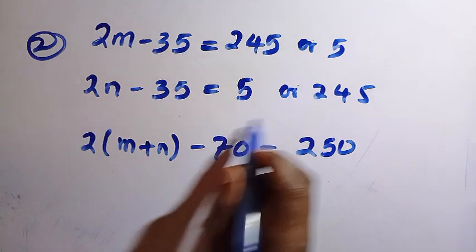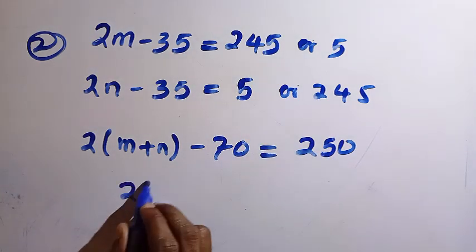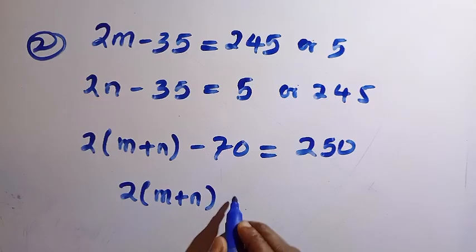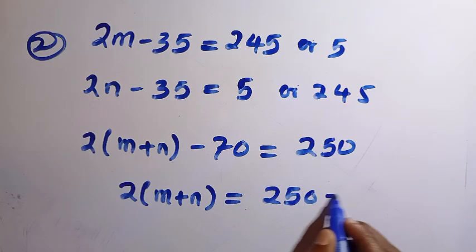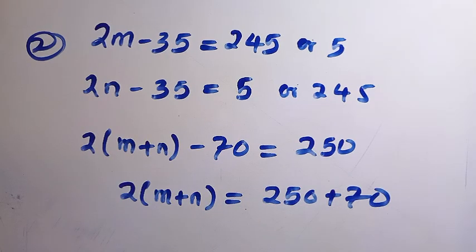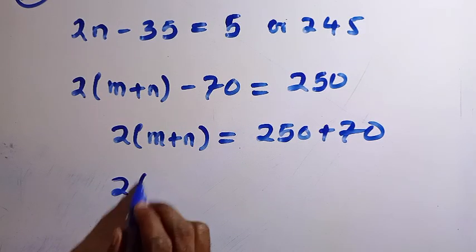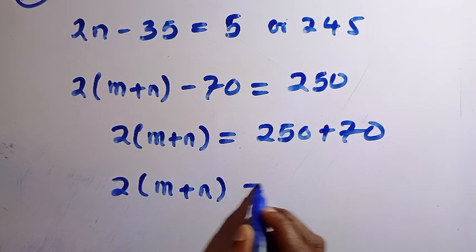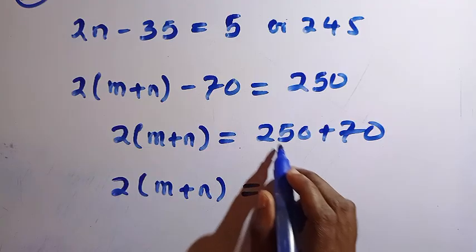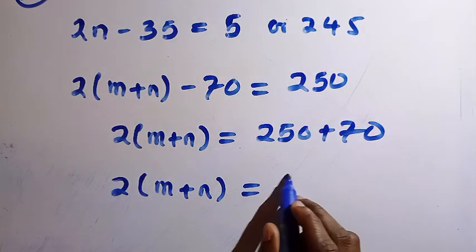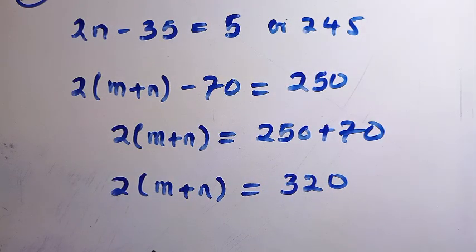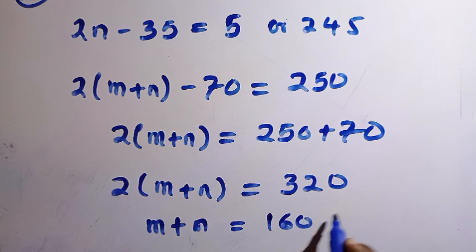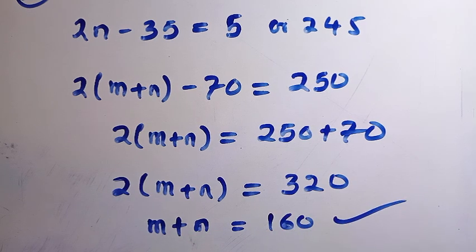Then we take 70 to the other side, we have 2 bracket m plus n equals 250 plus 70, that gives us 320. Then divide both sides by 2, we have m plus n equals 160. So this is the second solution.